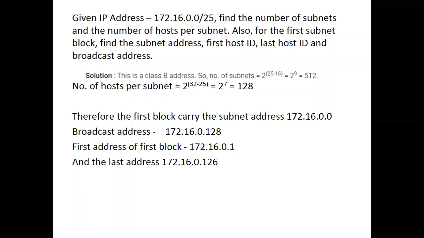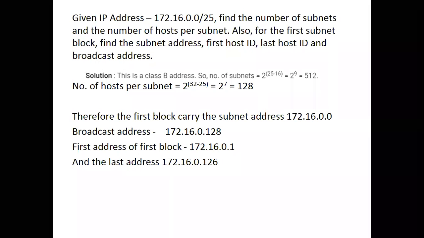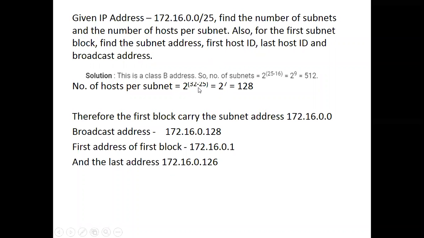So capital N basically you are calculating here, and then you find the capital N with the help of this formula. Number of hosts per subnet is equal to 2 raised to 32 minus 25, since slash 25 means n is equal to 25, that is the net ID.